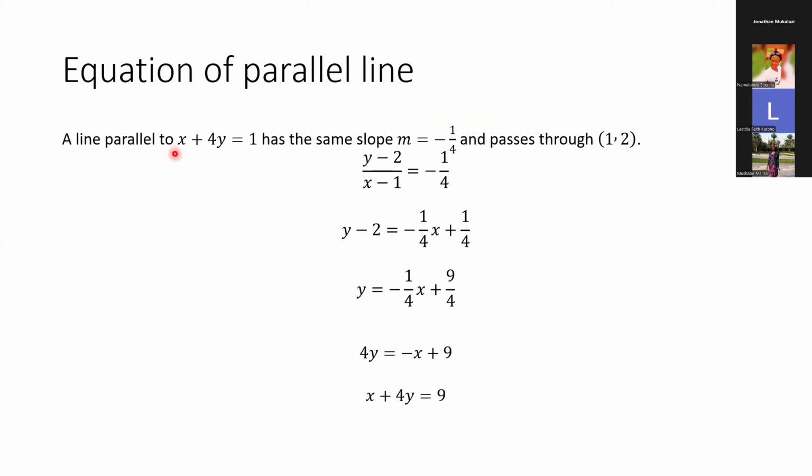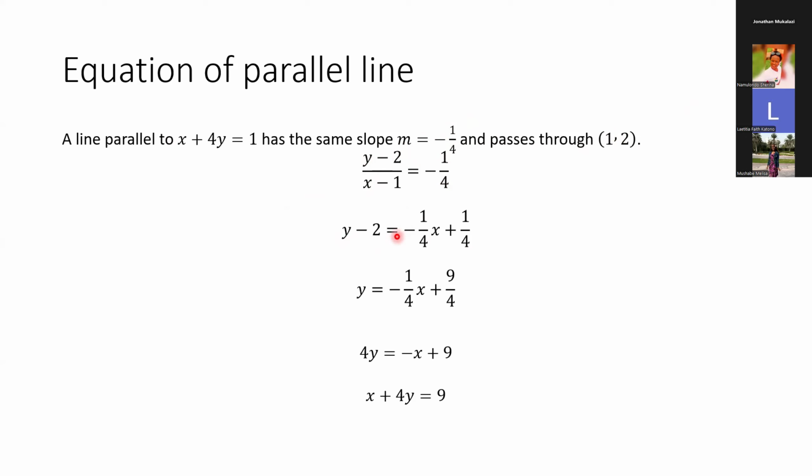We know that it's parallel to this, so its slope is going to be the same as the other one's slope, which is negative a quarter. And then it passes through the other point of intersection, which is 1, 2. Using this, we use that general formula. So we have y minus 2 over x minus 1 is equal to negative a quarter.